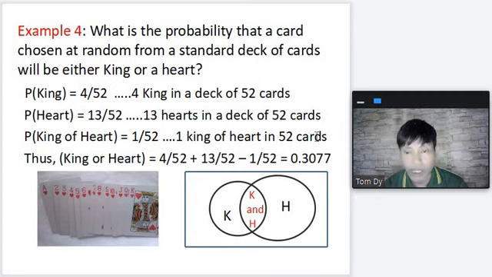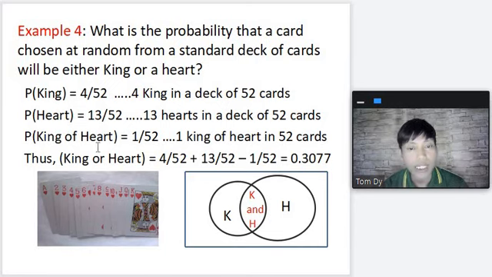So 1 king of hearts. This is now what we are looking for based on the problem. We go back to this problem. What is the probability that a card chosen at random from a standard deck of cards will be either a king or a heart? So we have this final solution.